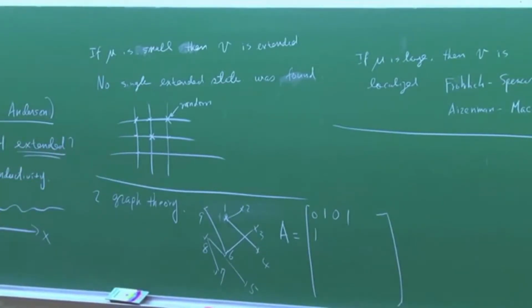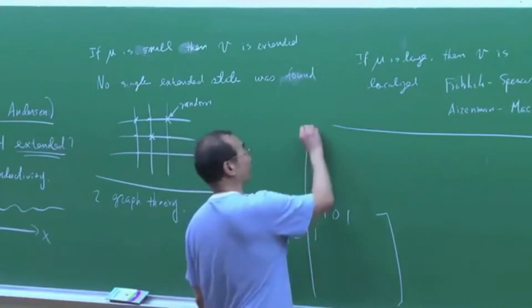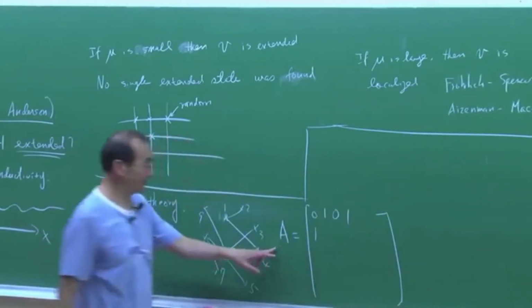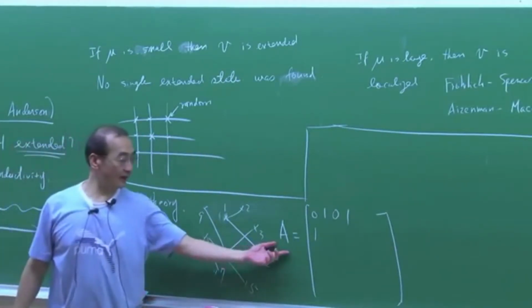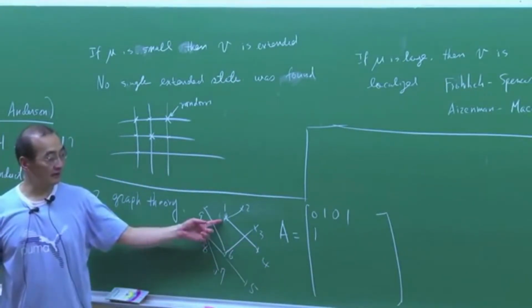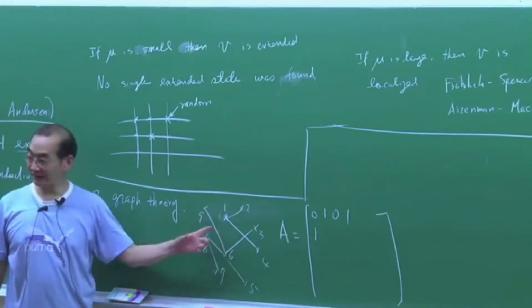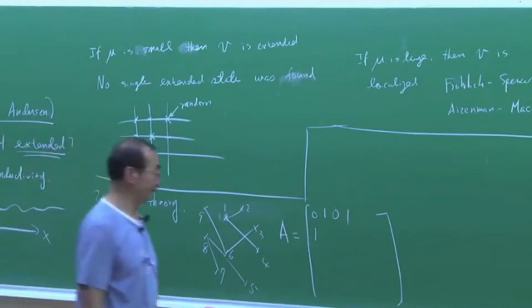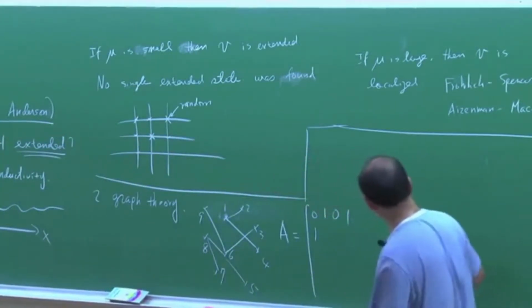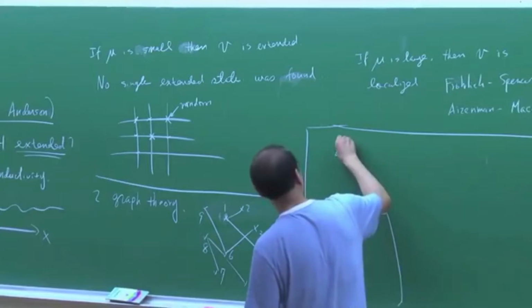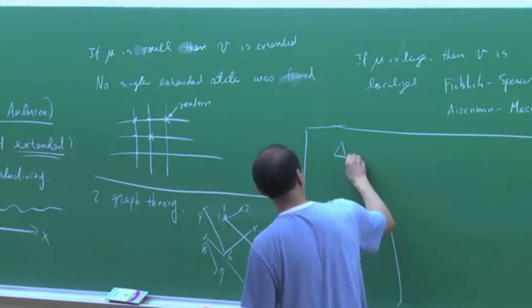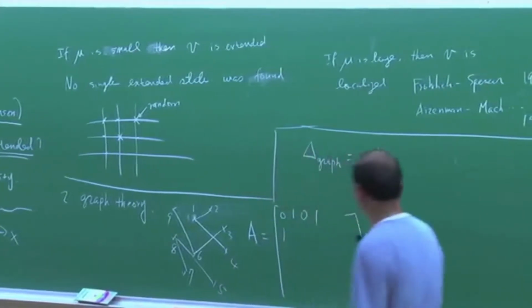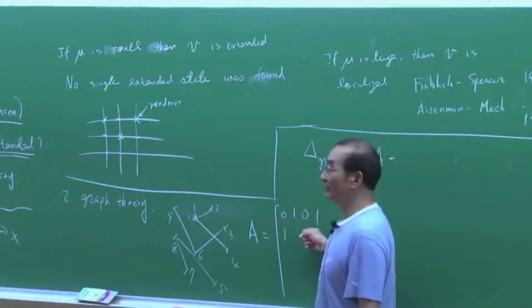Now the question is, this matrix A and the standard discrete Laplace operator are slightly different. If you want to make a Laplace operator, typically the discrete Laplacian on a graph is equal to A minus a diagonal, depending on how many 1s you have in each row.